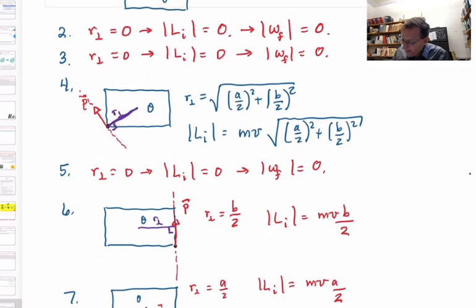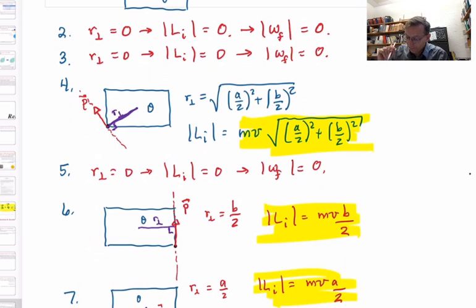Then we've got mv times the square root of (A over 2) squared plus (B over 2) squared, and mvB over 2, and mvA over 2. We just have to be careful about which one's the biggest. I'll rank them by the number of the case, 1 through 7, starting with the biggest. We're ranking L initial, but that's also going to rank omega final. Yes?